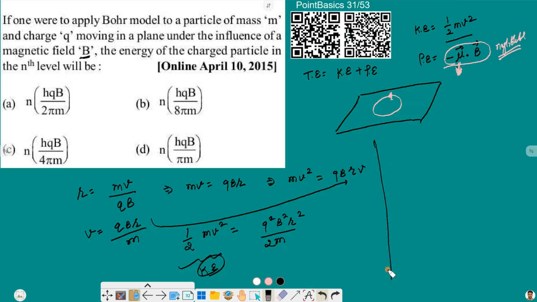Now, in the case of a charged particle moving inside a magnetic field, there is a Lorentz force applicable on it, and that force is q into v cross B, and that should be equal to the centripetal force, that is mv square by r. And also, as mentioned, the Bohr model is applicable here. So in the Bohr model, we have conservation of angular momentum, given by nh by 2 pi is equal to angular momentum, that is mvr, and here we will have mvr_n.